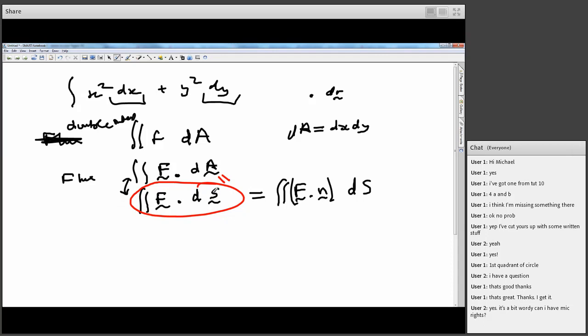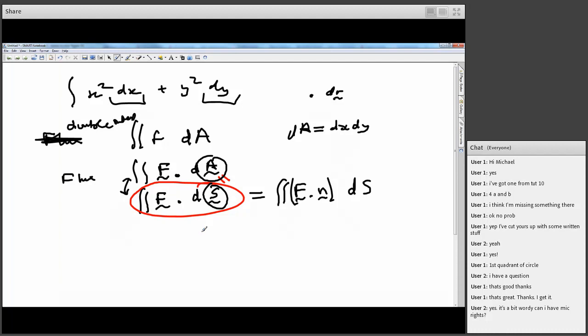As I said, I think the real problem is probably me, the fact that sometimes instead of bold S, to indicate a directed bit of area of a curved surface with a direction, sometimes I'll use the letter A for area rather than S for surface area. So I'm not sure if that clears it up or not.